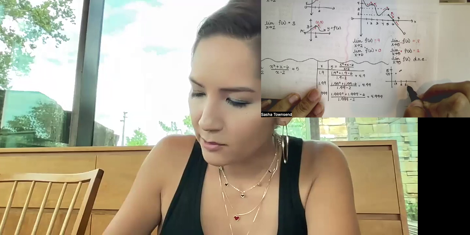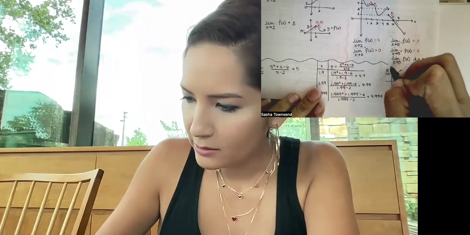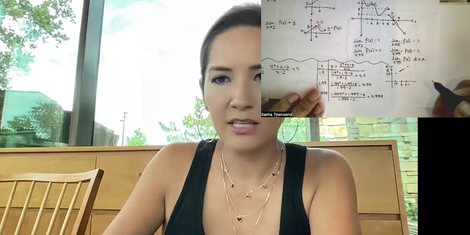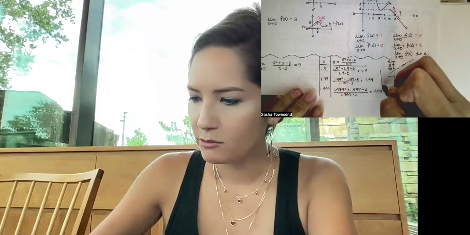So at 2.1, our values are approximately 5.1. And then at 2.01, we're really close, and at 2.001, we're really close. And we can see that those y values seem to be approaching 5. As we approach from the left-hand side, the y's are getting very close to 5.